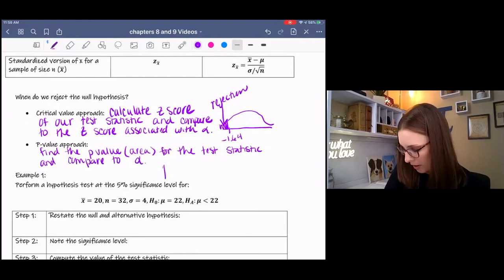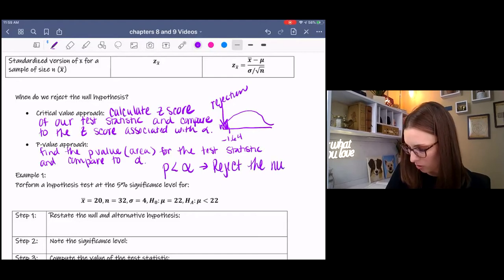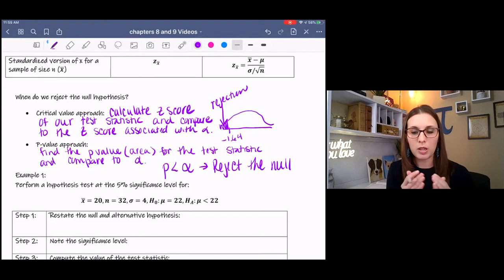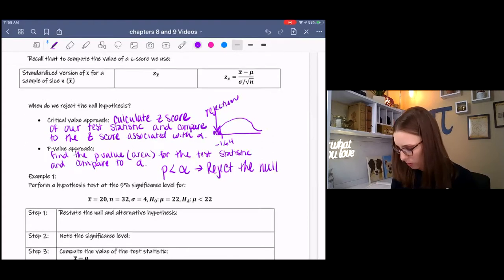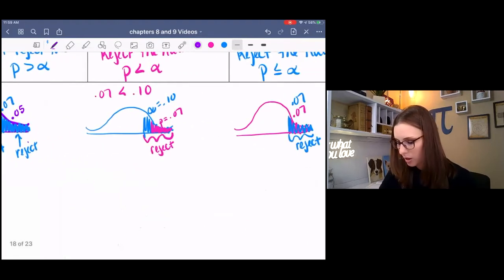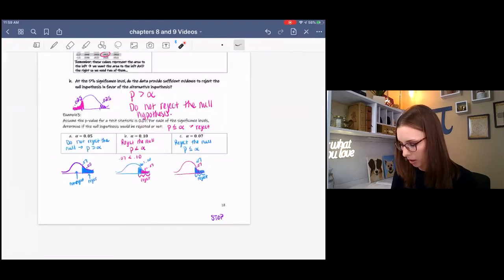We found that if P was less than alpha, then we reject the null. So if P, the probability of our test statistic, was smaller than our significance level, it put it in that rejection zone. And I think I drew a picture here. We were able to see with the colors, like on this one, our p-value was 0.07, which put it securely inside our rejection zone. So that's what we're comparing.